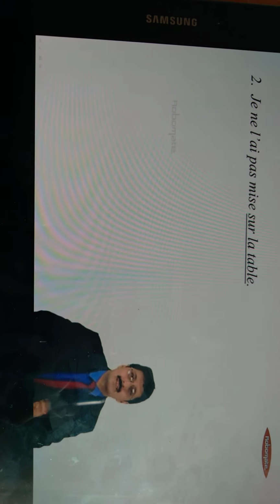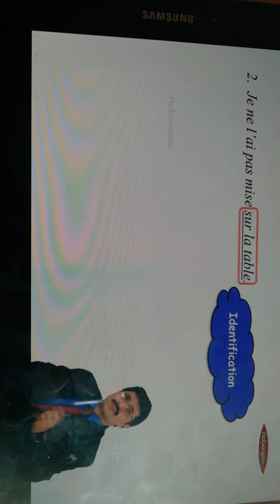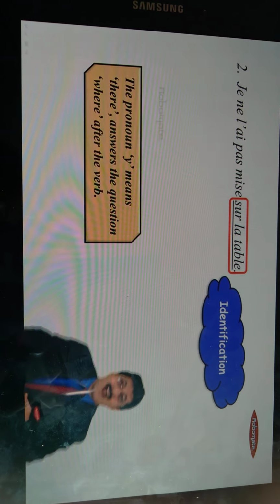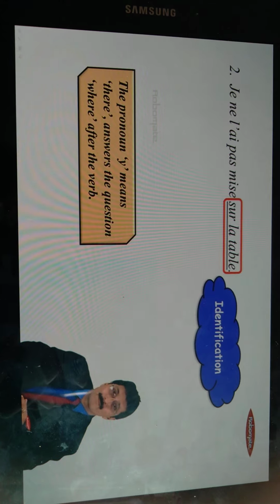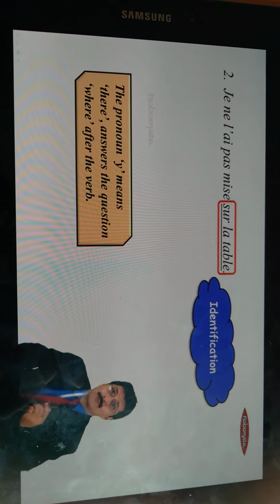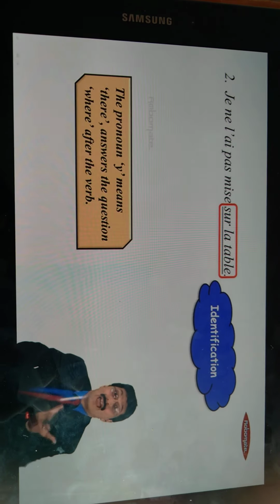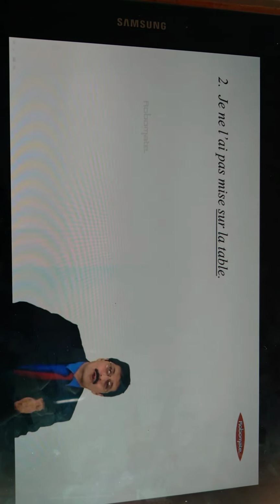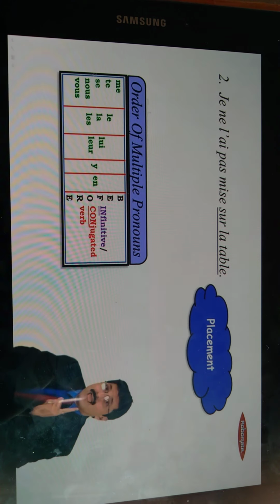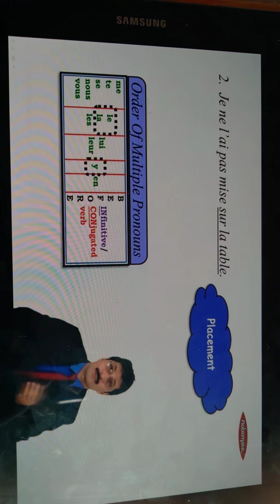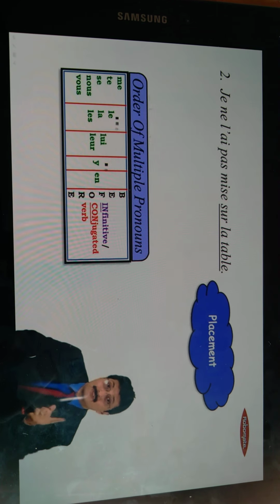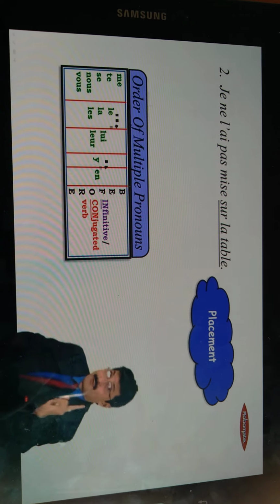Je ne mets pas la mise sur la table. Identification. Where, there, yes, y answers the question where after the verb. I did not put it on the table. I did not put what? That is it. Where? On the table. So we are going to replace by y. Placement. Here we are, my friends. There is an l apostrophe, which is, as you can see, highlighted for you. Y will come after that. Y is treated as a vowel in French.